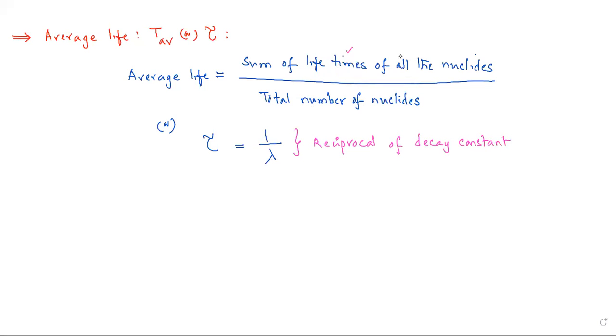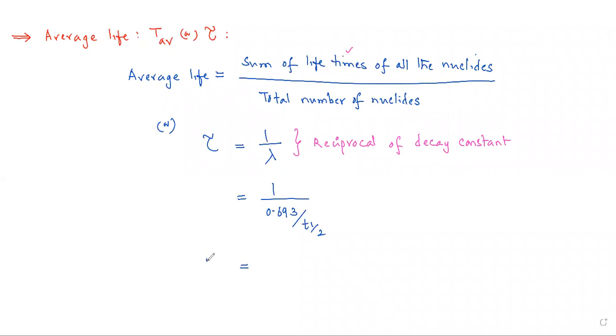Now, we know that lambda is 0.693 by t half, right?